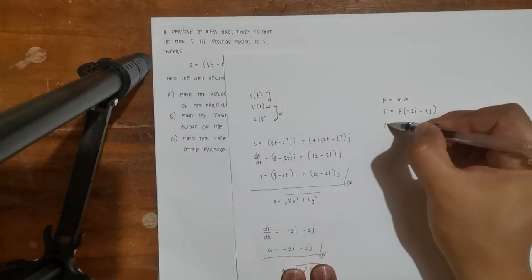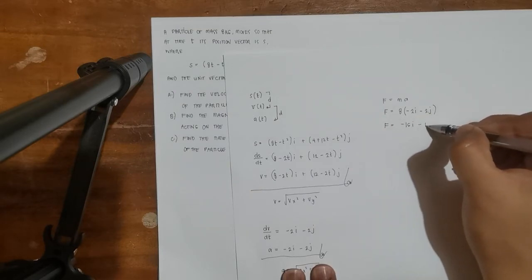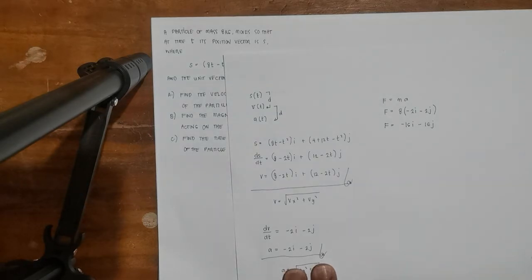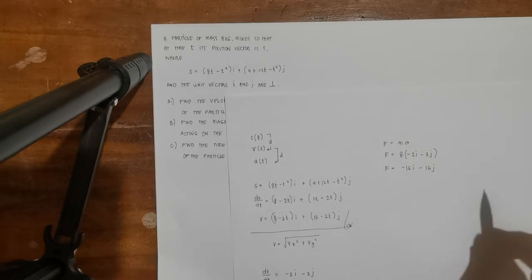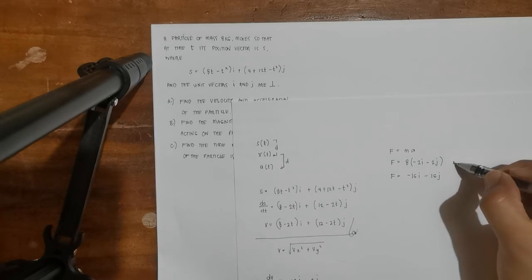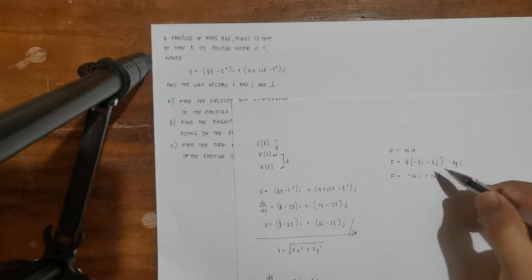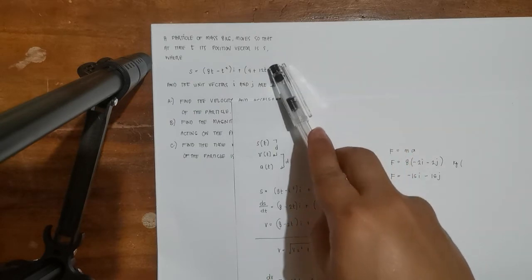So, the vector form of our force is negative 16i minus 16j. Okay. So, yung 8 natin ay naka-in terms of kilograms. Yung acceleration natin, wala kasing sinabing unit.